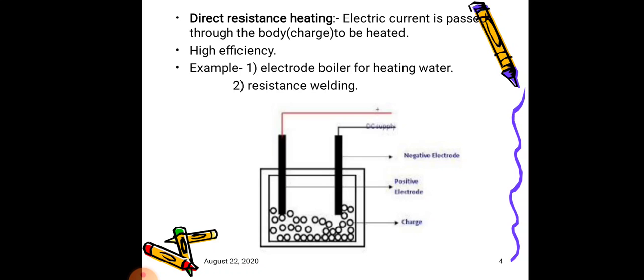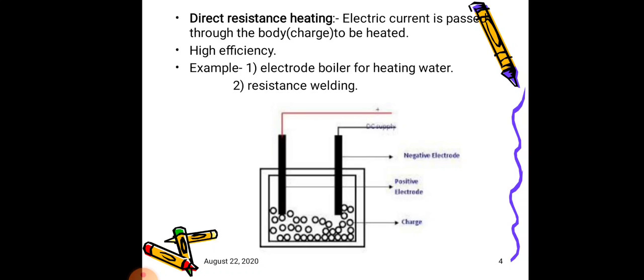In this method, the heat is produced by I square R losses. जब किसी कंडक्टर में से करंट फ्लो होती है तो उसके रेजिस्टेंस की वजह से उसके अंदर लॉसेस होते हैं. वो लॉसेस हीट के रूप में हमको मिलते हैं. Direct resistance heating method of heating has high efficiency because the heat is produced in the material or charge itself.